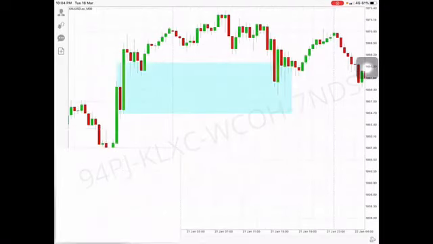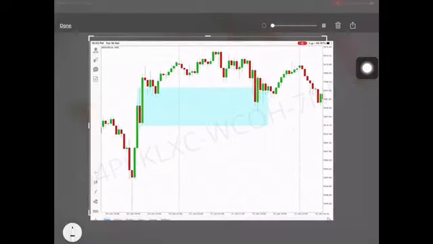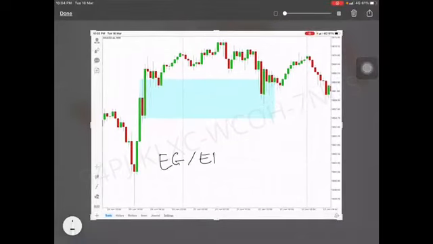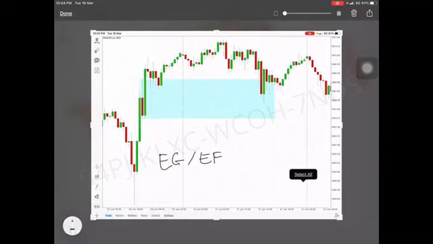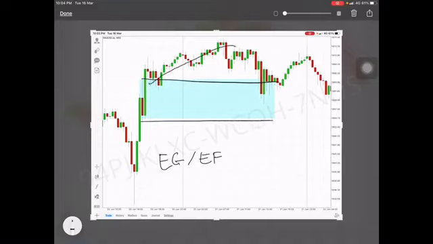Is there any EG or EF? Do you see any right here? Yes. So there is one engulfing buy. When the price comes back to this zone, are you going to look for buy or sell? Buy. So you entry buy in here.